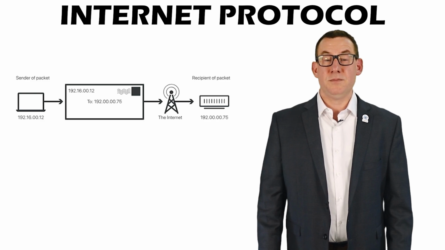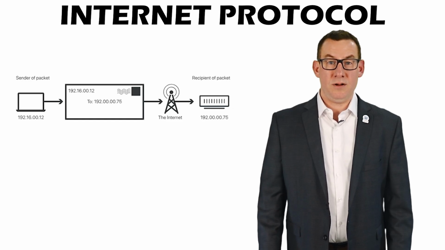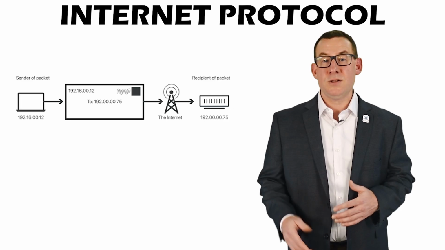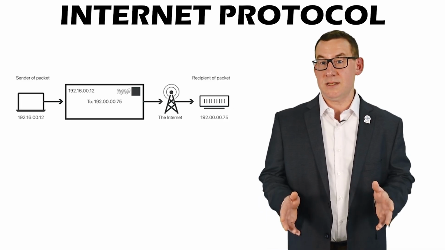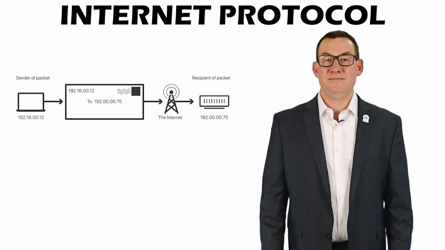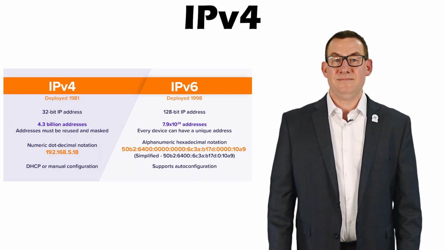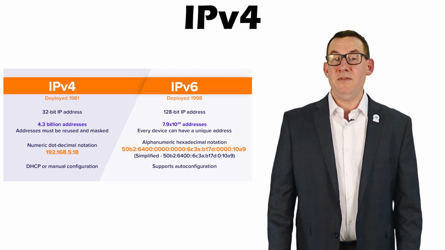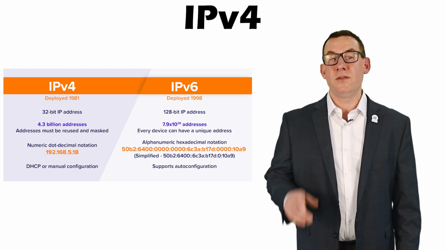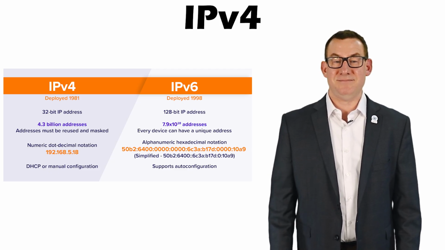Internet Protocol, or IP. Internet Protocol defines how packets are addressed and routed between networks, so computers on different systems can find each other. IPv4 uses 32-bit addresses, allowing 4.3 billion unique addresses.